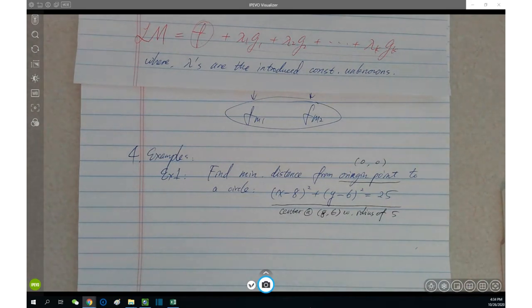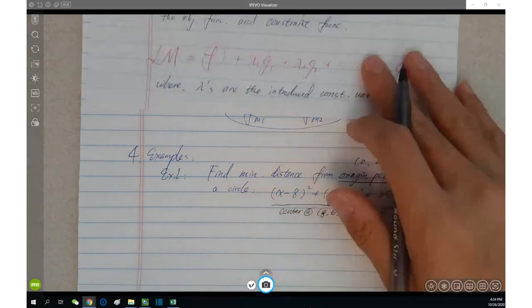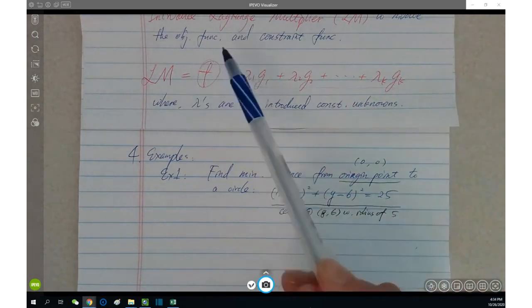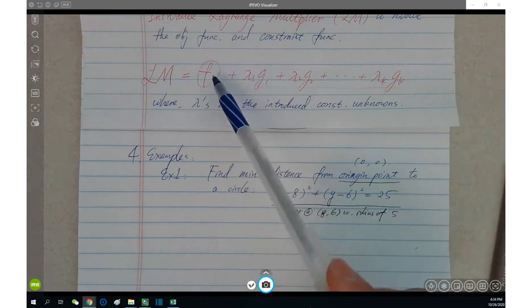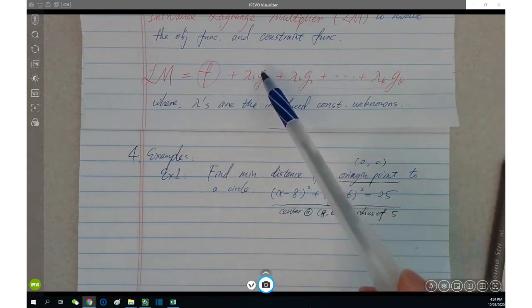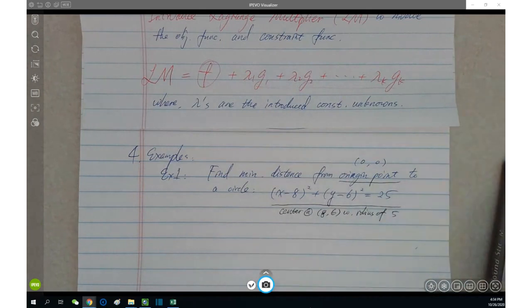So how to apply the Lagrange multiplier to solve this problem? Obviously, we need to first find out f. Second, find out g or g's. Does it make sense?